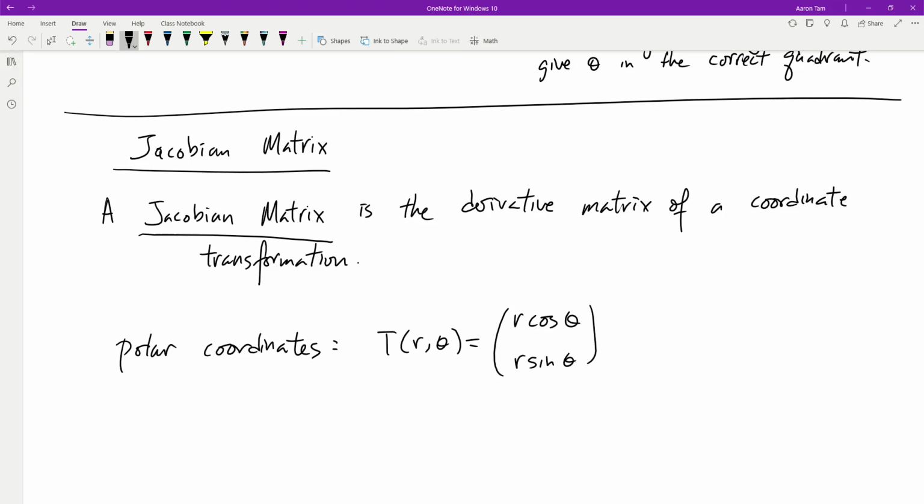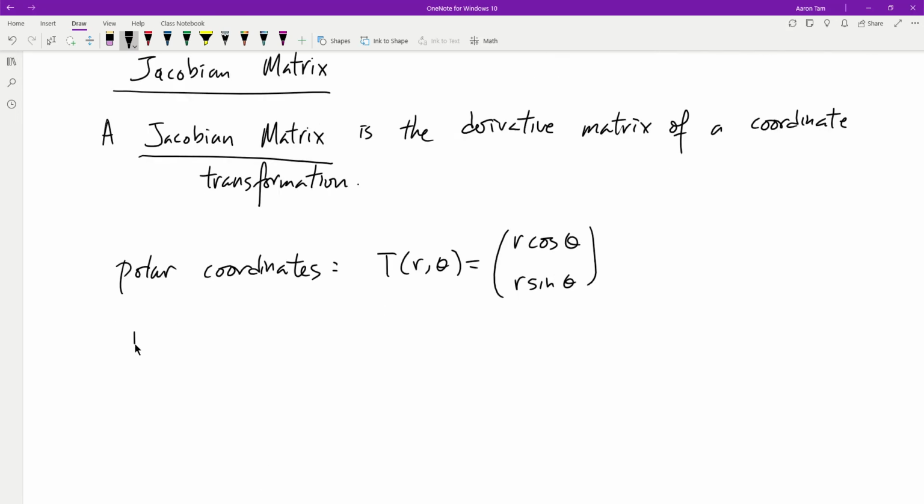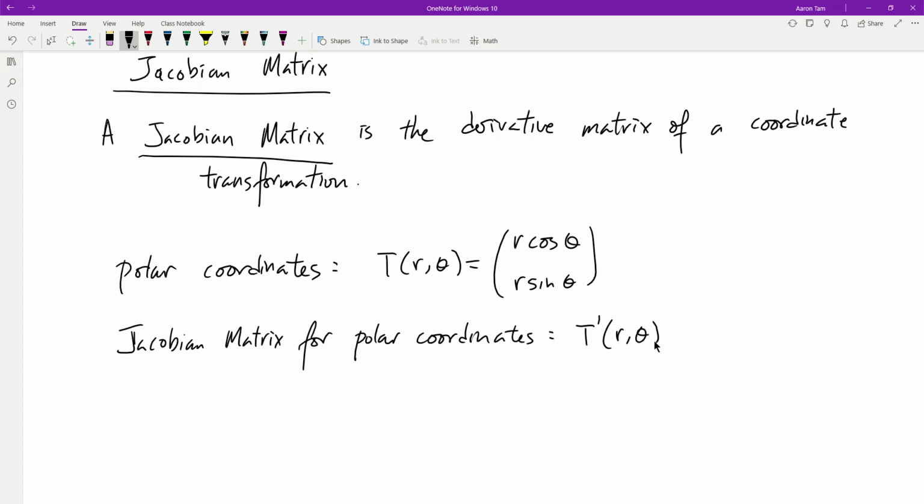Then the Jacobian matrix for polar coordinates will simply just be T prime of r theta.